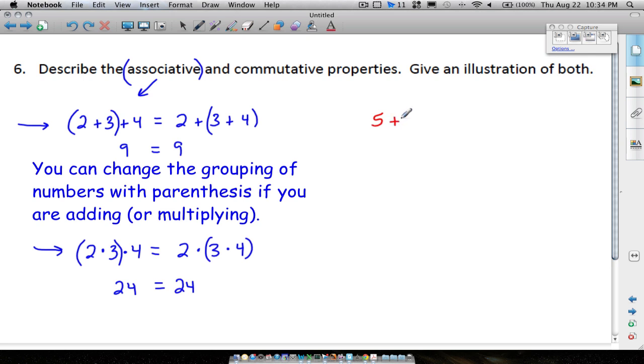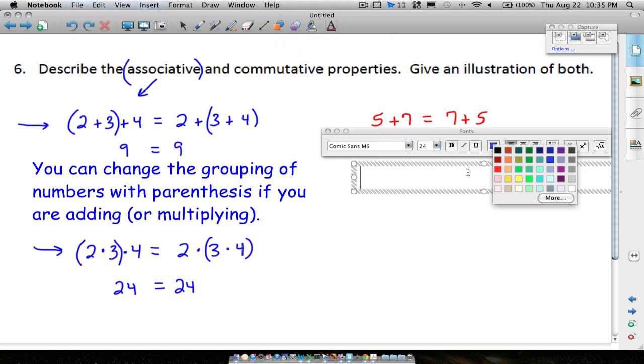The commutative property, we can do something very similar with addition and multiplication. Suppose you had 5 plus 7. The commutative property lets you switch these numbers around and you still get the same answer. 5 plus 7 is 12, 7 plus 5 is 12. Now let's describe that before I show you the multiplication piece.